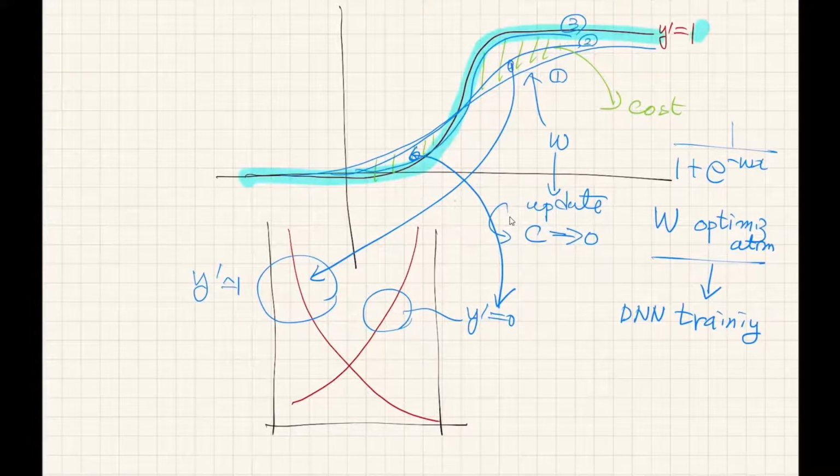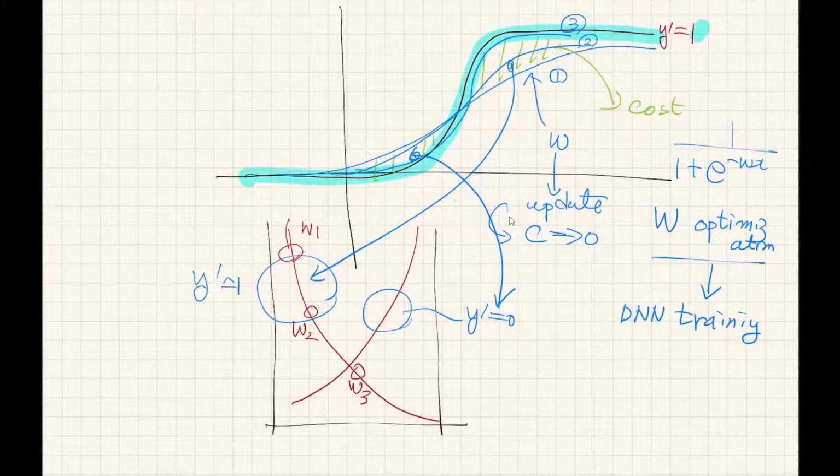That is Y dash. But actually the output will be a little bit different. So we will keep changing W up to a point where our Y matches Y3. Initially we start with W1 and W2, and it will reach W3. So we will keep updating that.